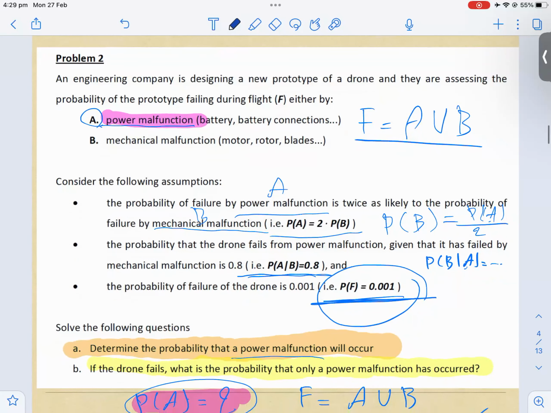The company's experience gave us some information about the failing of the drone.